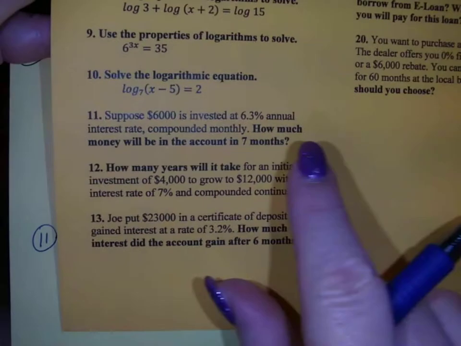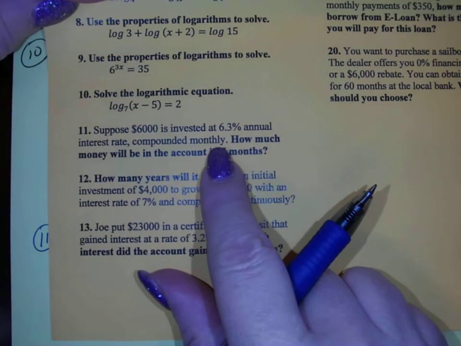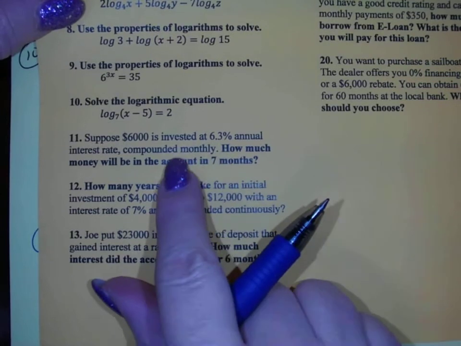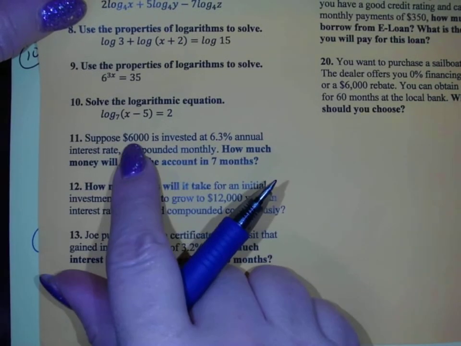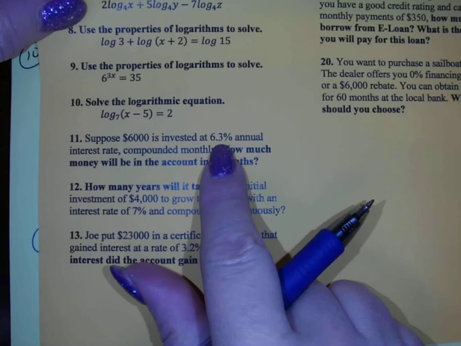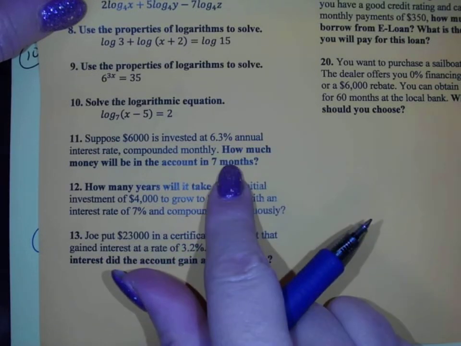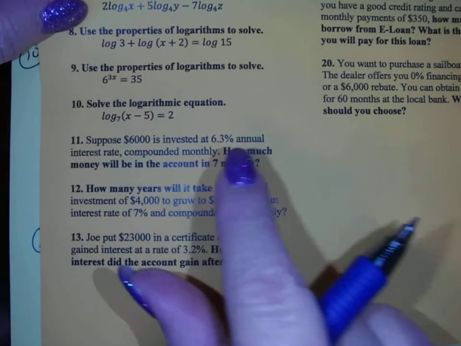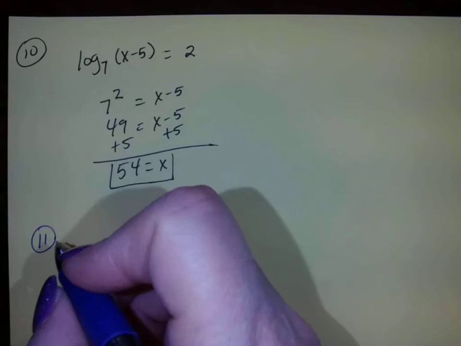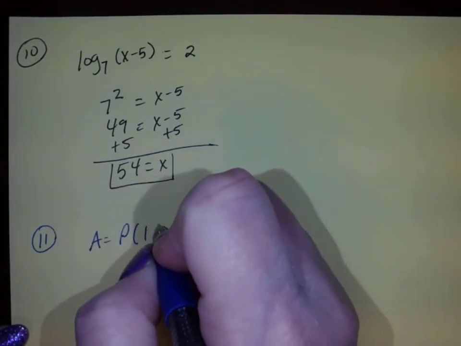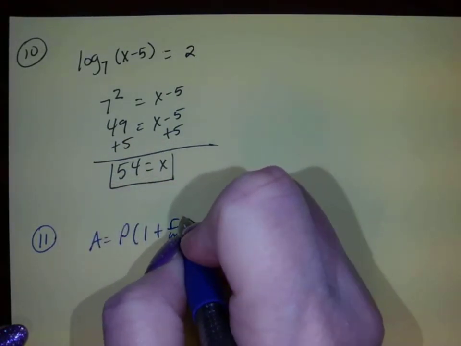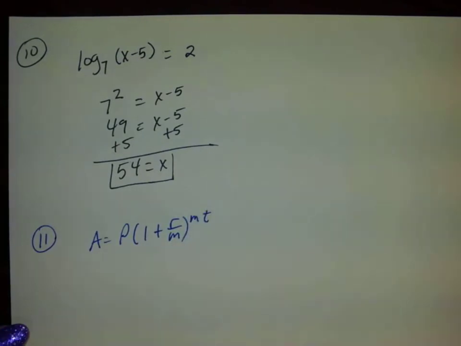We did the ones with the n's because that's what is in our book. So we know that we're going to have a principal, an interest rate, an amount of time, and compounded monthly. So this will be A equals P times 1 plus r over n raised to the n times t.